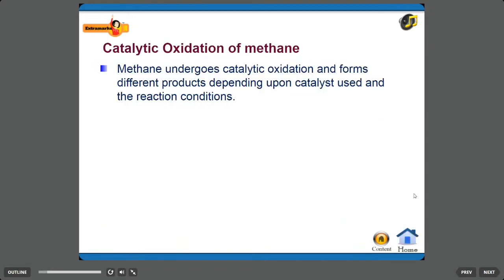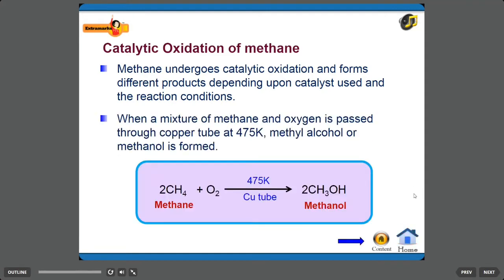Methane undergoes catalytic oxidation and forms different products depending upon the catalyst used and the reaction conditions. For example, when a mixture of methane and oxygen is passed through a copper tube at 475 Kelvin, methyl alcohol or methanol is formed.